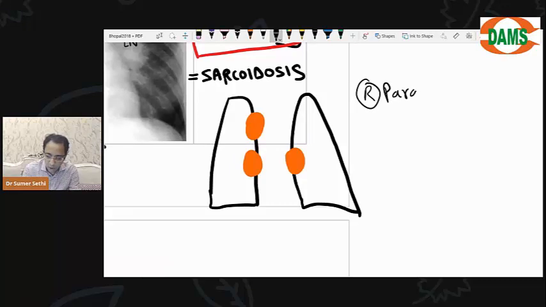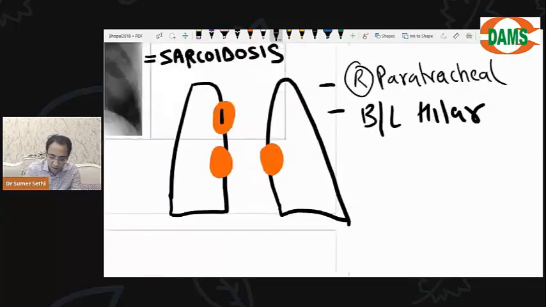Right paratracheal and bilateral hilar. These 3 lymph nodes, if they are enlarged, are considered very typical of sarcoidosis. Which 3? Right paratracheal and bilateral hilar lymph nodes. Okay?